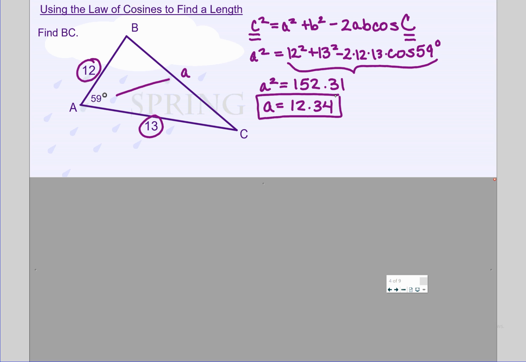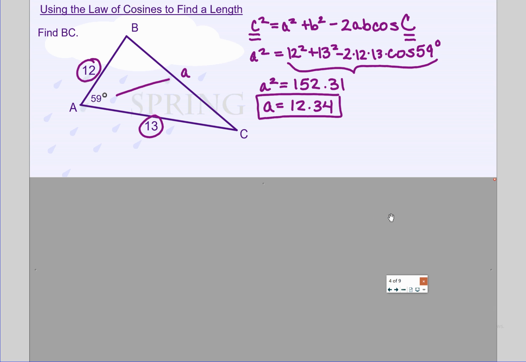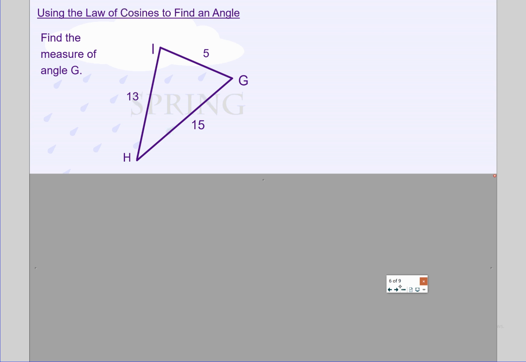Okay. We're going to do one more together just to practice, and then the third one's going to be yours to try on a little exit ticket. So, next problem, we're going to do this one with the GHI triangle, and we are going to solve for angle G. Okay.